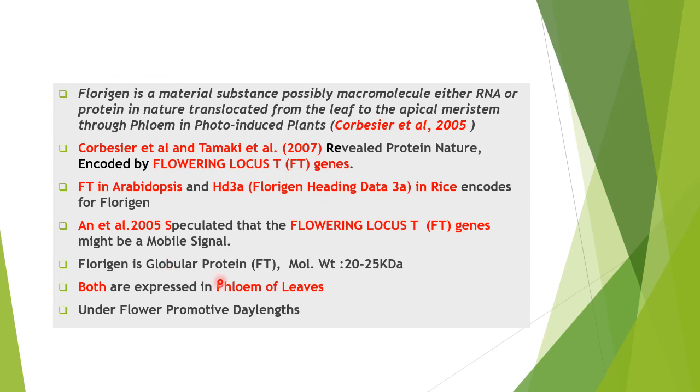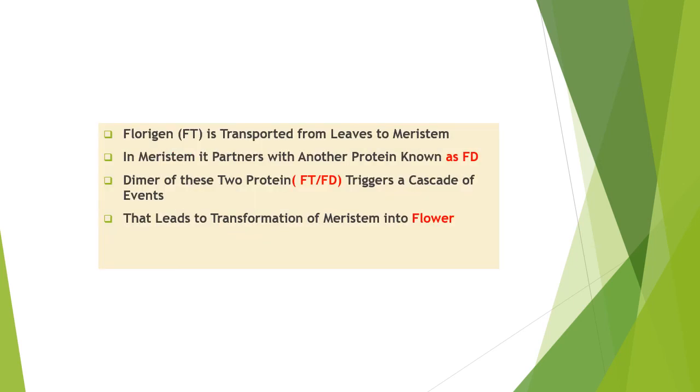Florigen is now known to be a globular protein with a molecular weight of 20 to 25 kilodaltons, and these are expressed in phloem of leaves under flower-promotive day lengths, and florigen, which is FT, is transported from leaves to meristem. In the meristem, it partners with another protein known as FD, forms an FT-FD complex, and that triggers a cascade of events that leads to transformation of the meristem into a flower.